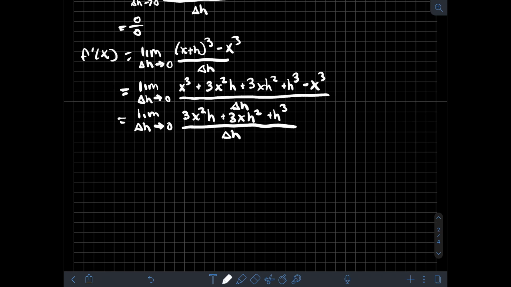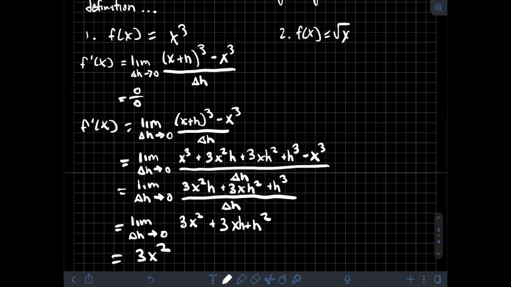Now if we divide each term by h, we see that we have the limit as h approaches 0 of 3x squared plus 3x h plus h squared. And to evaluate this limit, all we need to do is plug in 0 for h, which gives us 3x squared. So that's the answer. That is the derivative for the function f at x equals x cubed.